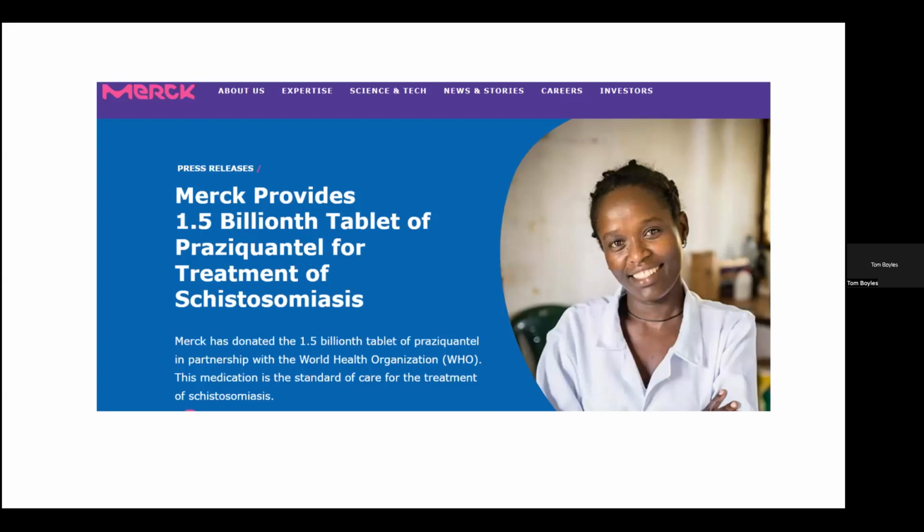They donate 100 million tablets, 500 milligrams, which treats about 12 kilograms worth of child, so you're looking at 3 or 4 tablets per child. They donate 100 million tablets every year to the WHO to be distributed to these 78 countries that are endemic for schistosomiasis, and that's free. So that's not the issue.